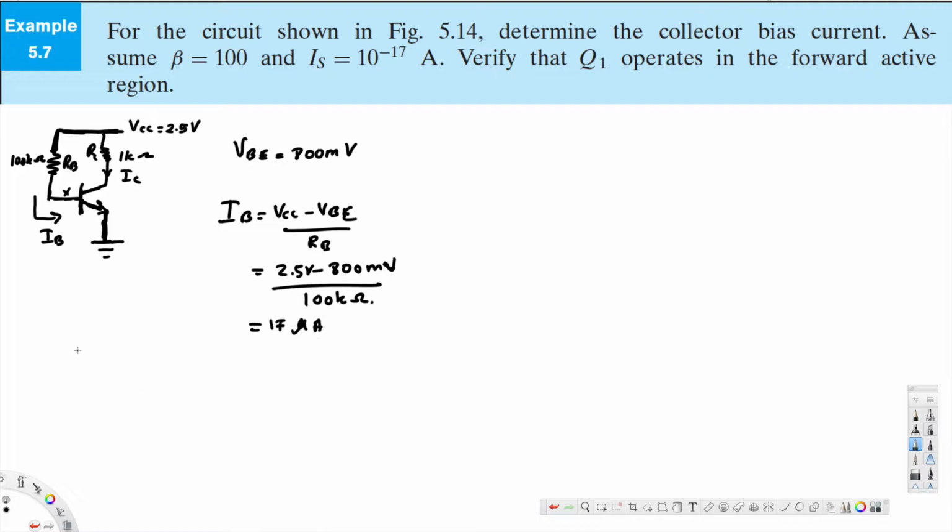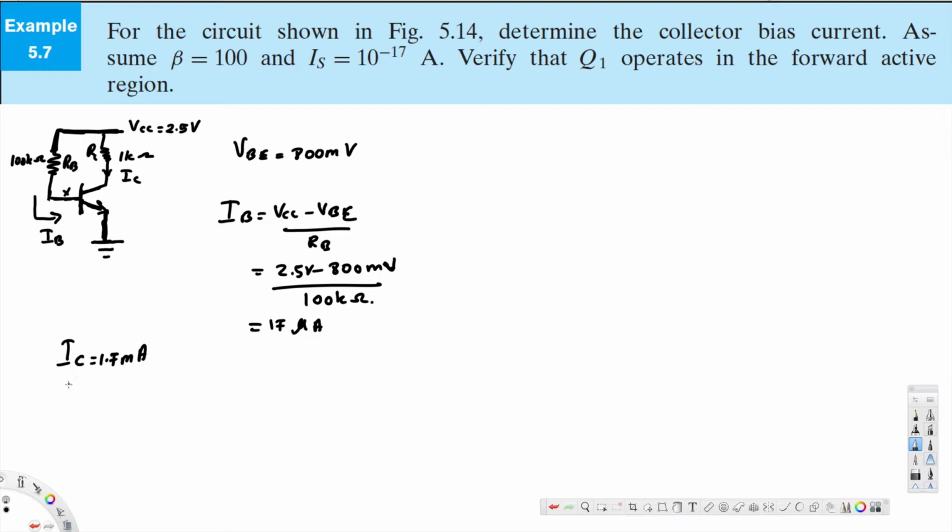From this we can calculate IC, because IB is equal to IC divided by beta, that is 17 microampere divided by 100. IC is equal to beta times IB, so IC will become 1.7 milliampere.